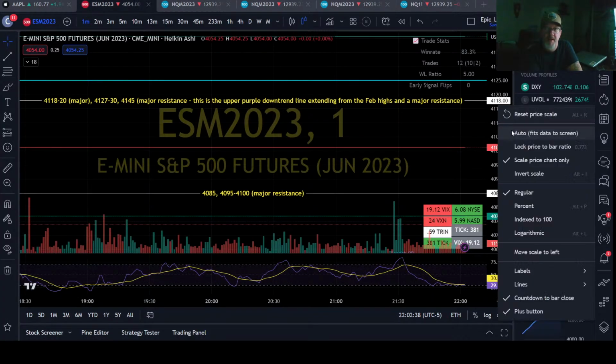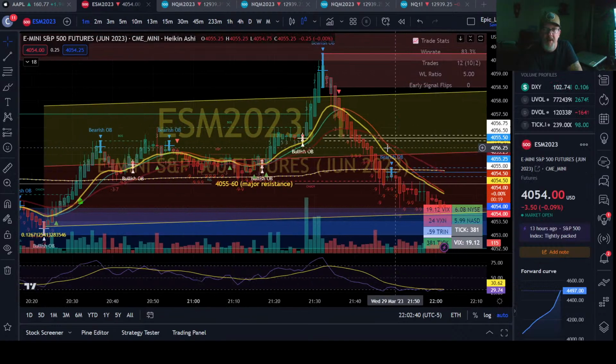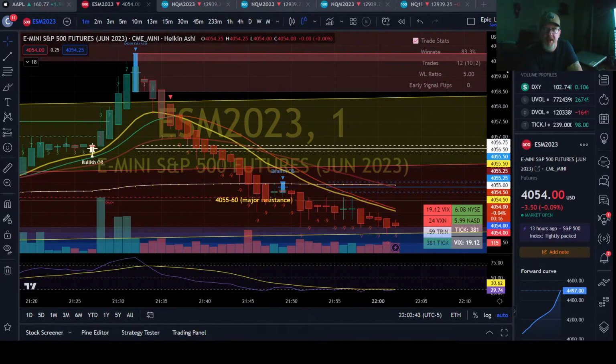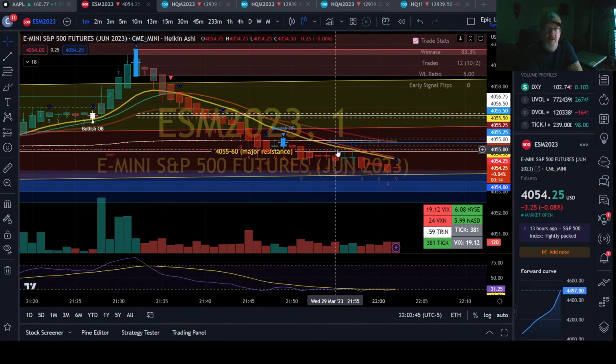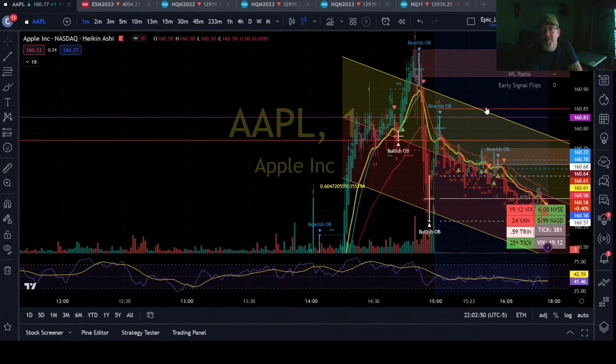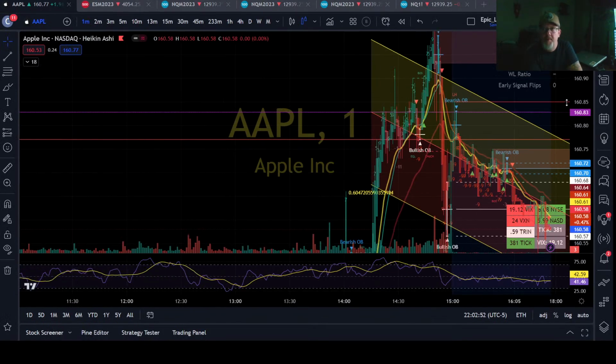And then of course I always keep an eye on ES. It definitely matters what ES is doing. Even if you don't trade ES, even if you're just trading NQ, you're going to want to keep an eye on ES. Then I usually have Apple, Tesla, or Amazon up.